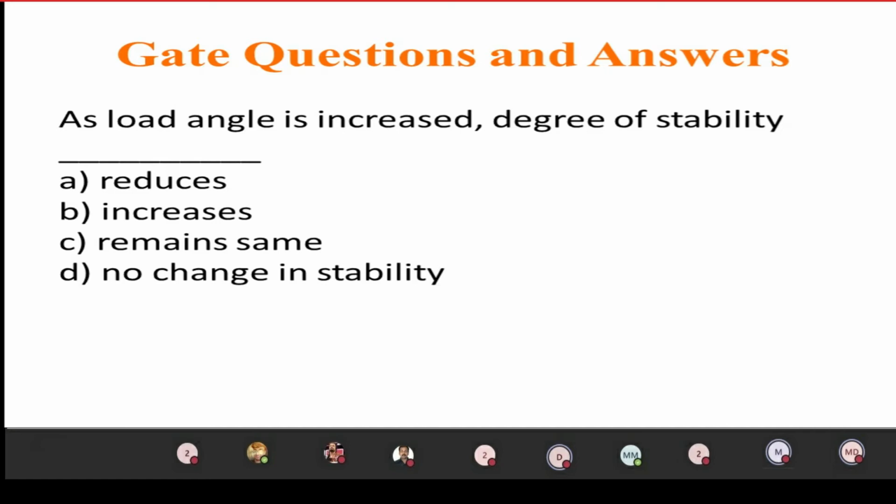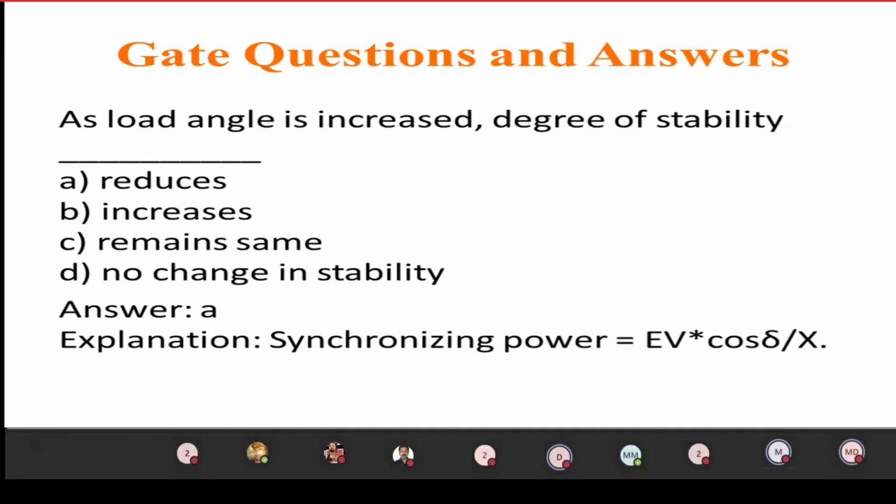So let me choose option A. Check the answer. Answer A. Synchronizing power is equal to EB cos del divided by X. So del angle is the load angle. Ultimately, when you change the load angle, it will affect the stability.